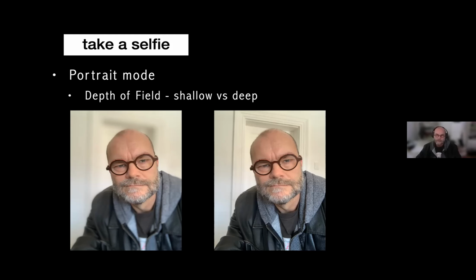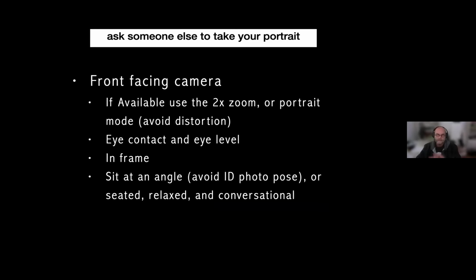So the other thing you can do is ask somebody else to take your portrait, either with their own phone or with your phone. Decide which phone based on who's got the better phone, and preferably a phone that has portrait mode available. When you're getting somebody else to take a picture of you, they'll be using the front-facing camera on your phone.